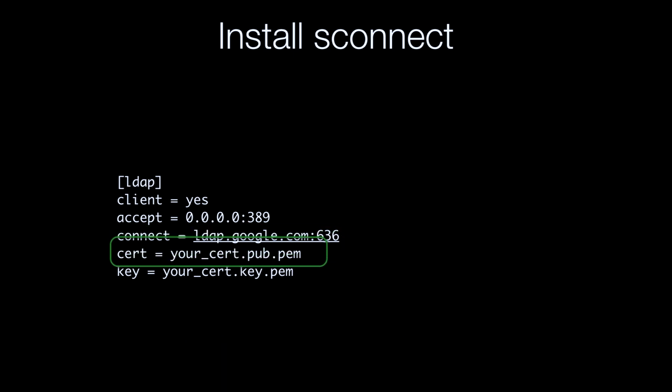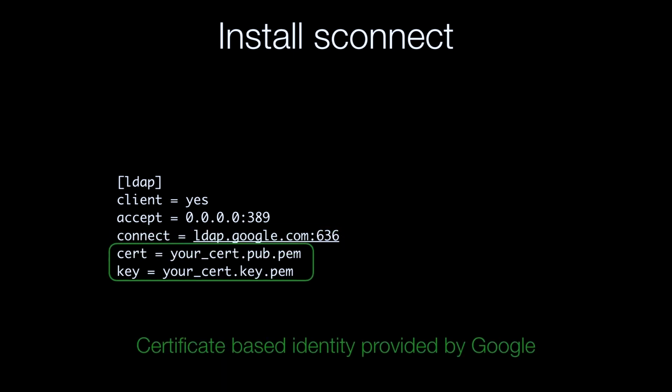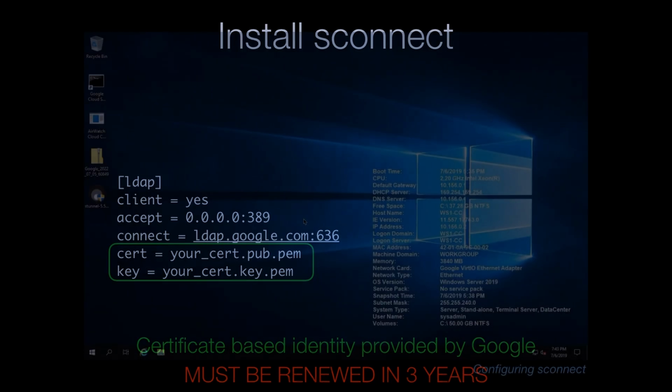And the authentication certificate will be those two keys we downloaded during the initial creation time on Google. The thing is, it must be renewed in 3 years. So you will have a maintenance task on that part to avoid your certificate expiring and your LDAP connection not working.